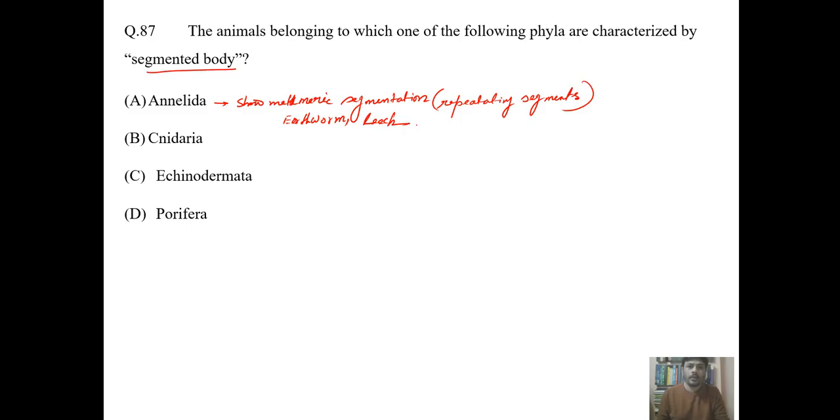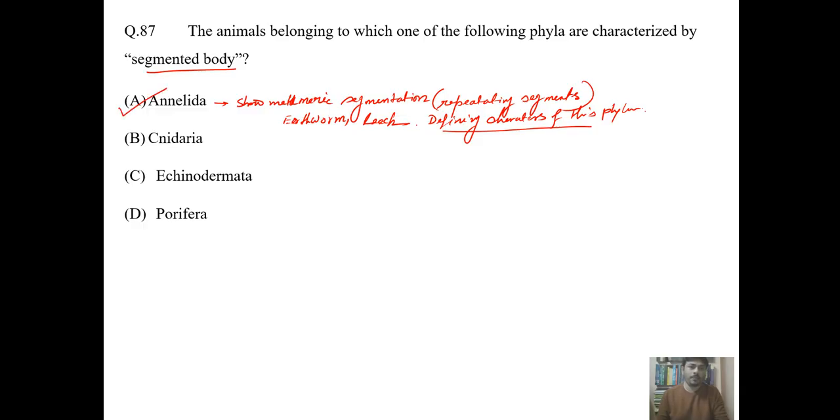This is one of the defining characters of this phylum. So the presence of metameric segmentation, or repetitive segments, is a defining character of the group Annelida. So this is correct.